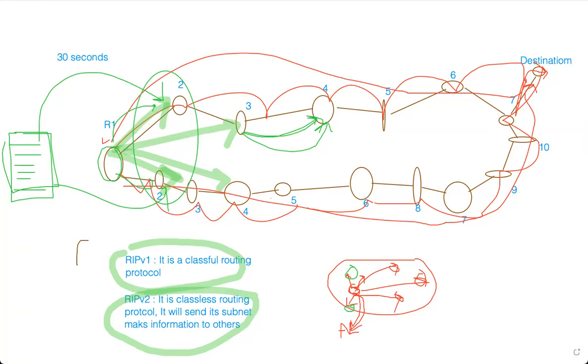So convergence means, let's say, this is the source, this is the destination, and there is only one road. Let's not talk about networking for a second, let's talk about a regular example.